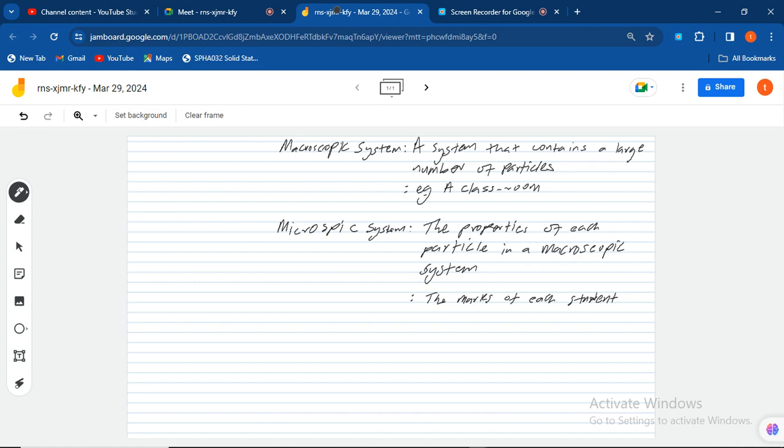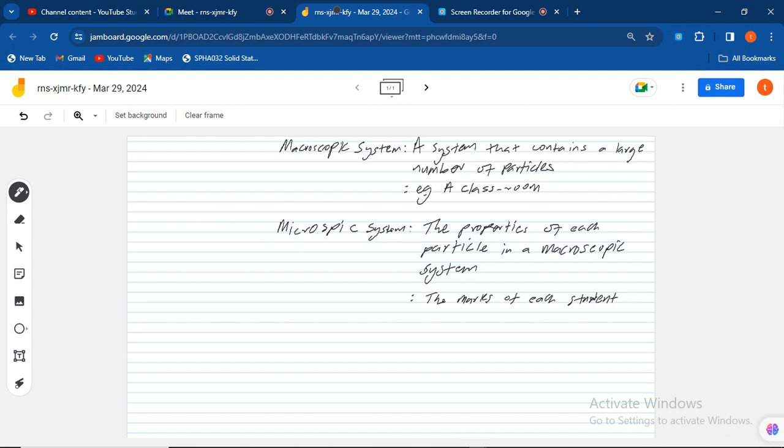You can think of any property for your example. I said my example for a macroscopic system is a classroom. So when we talk of a microscopic system, we are going to talk of the properties of each particle in that macroscopic system. I hope this makes good sense.